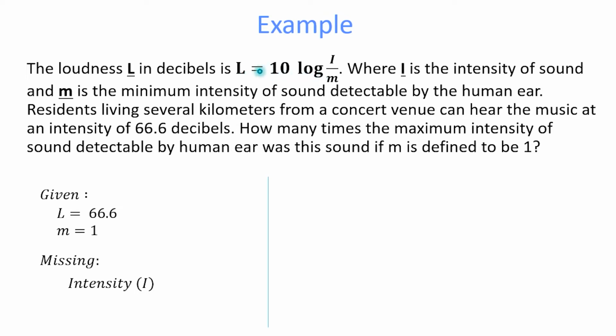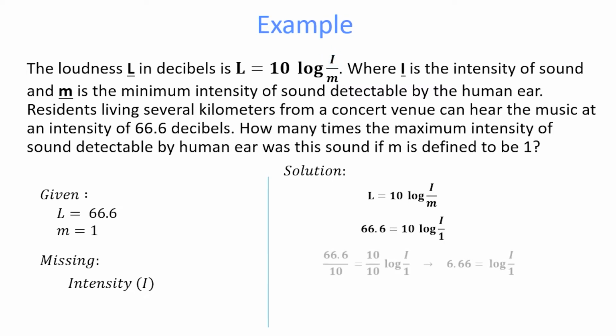We need to use this equation from the question, and then we will substitute each value. So L was 66.6 and m was 1. We're looking for I. Let's divide both sides by 10, and then we will get this simple equation: 6.66 = log(I/1).